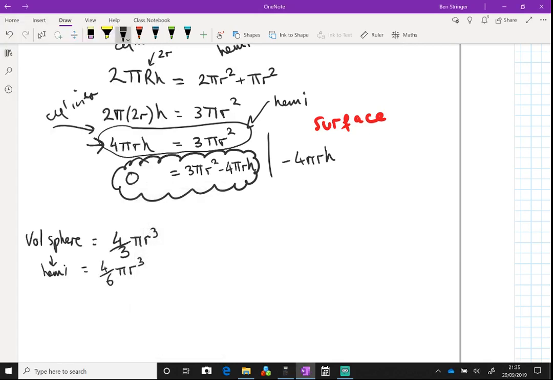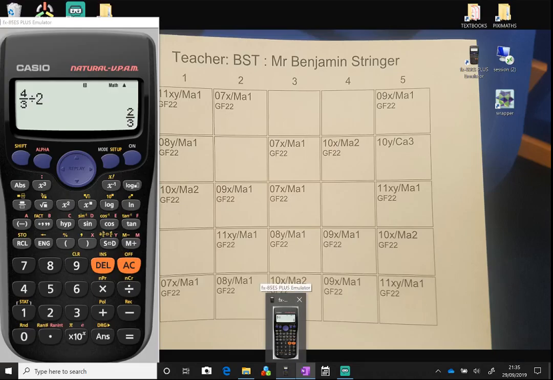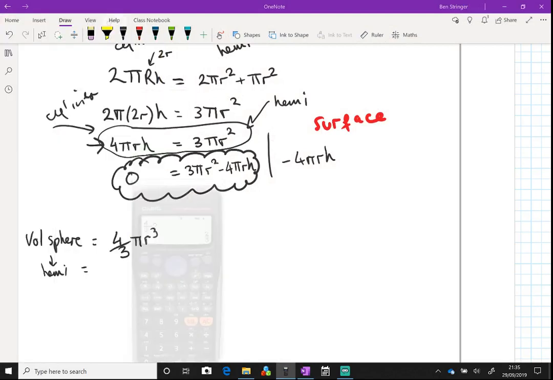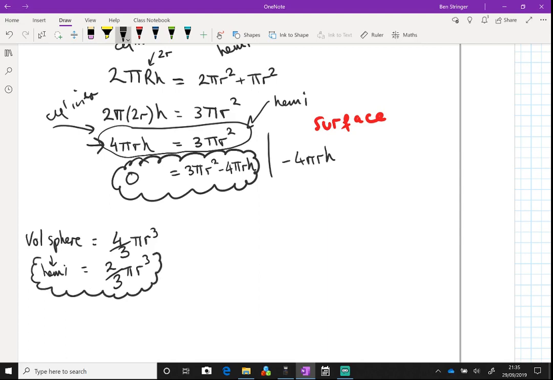What have I done there? Of course, I've times it by half, haven't I? Just double check. 4/3 divided by 2, 2/3. Me being an idiot. Right, always double check. So that's the volume of a hemisphere, 2/3 pi r cubed.